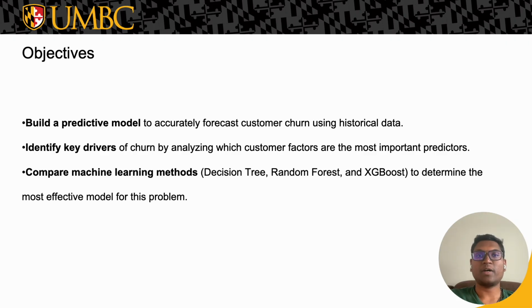This leads to my three main objectives. First, to build a predictive model that can accurately forecast customer churn using historical data. Second, to identify the key drivers of churn by analyzing which customer factors are the most important predictors.